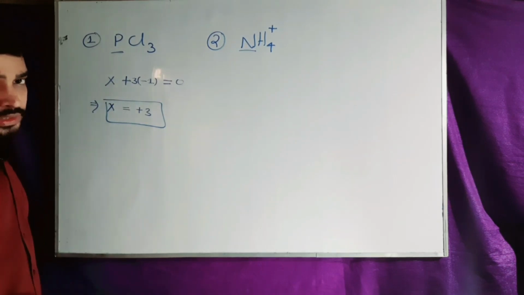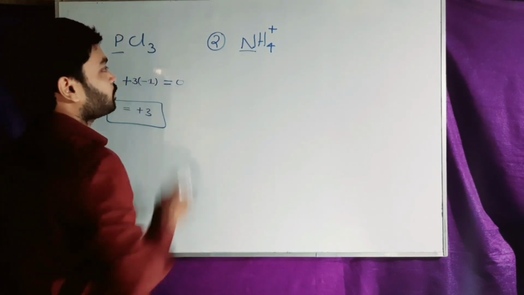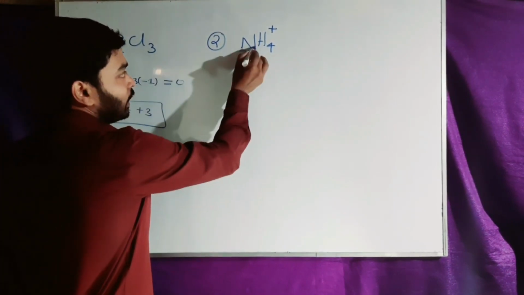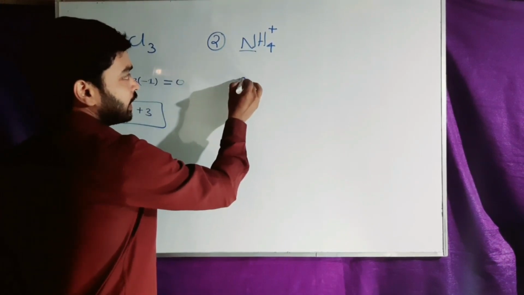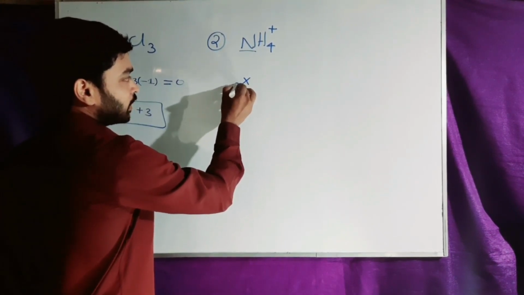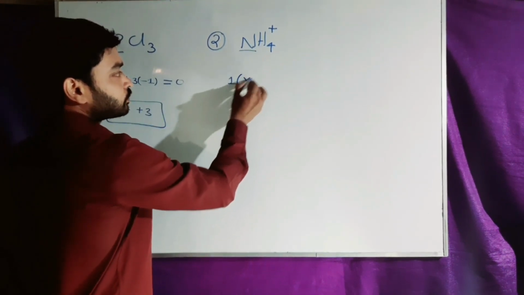If you have done it correctly, you have a clear concept on this portion. So let's move to the second one. In this case, for nitrogen, a single nitrogen, I am taking x. For one nitrogen I am multiplying with x.